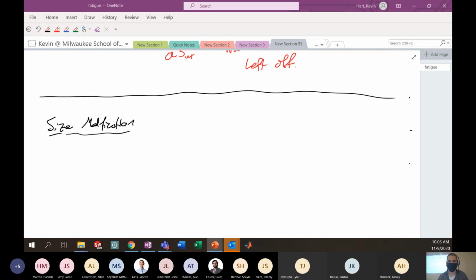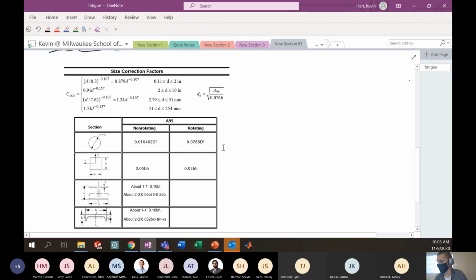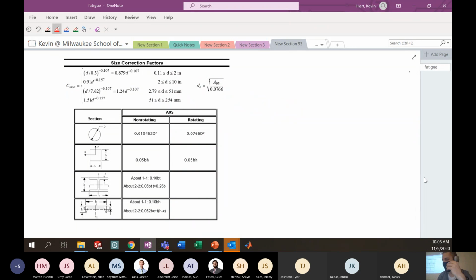The size correction is more or less given by a series of tables that are also in your equation sheet that look something like this. The idea is you have some size modification factor we call C size that depends on the geometry and the loading character of your piece.